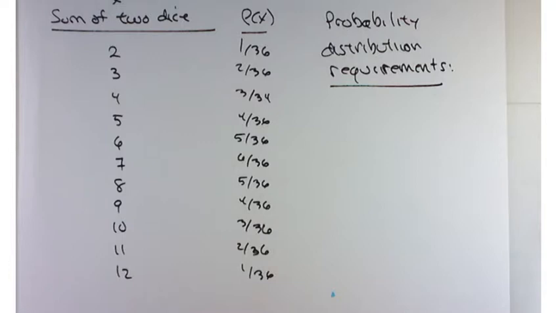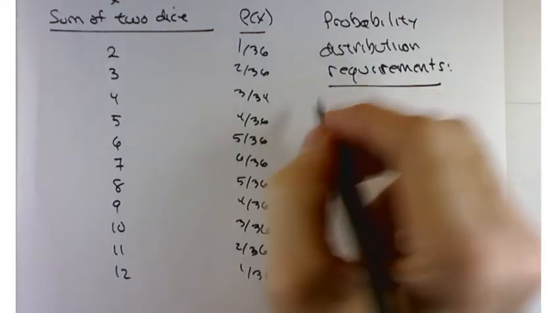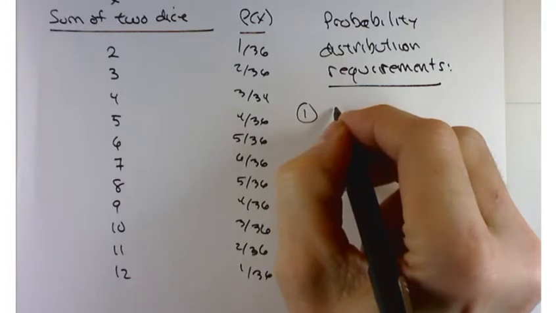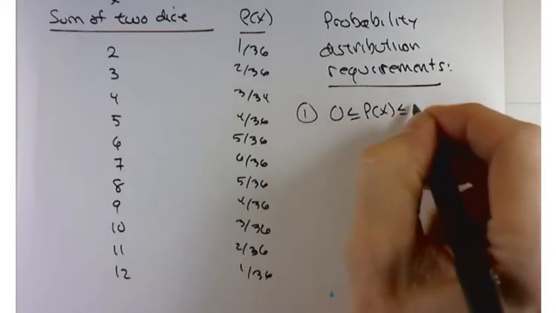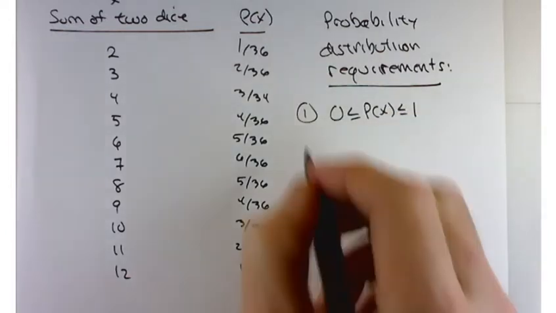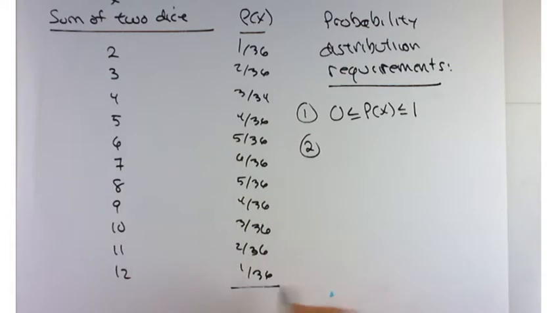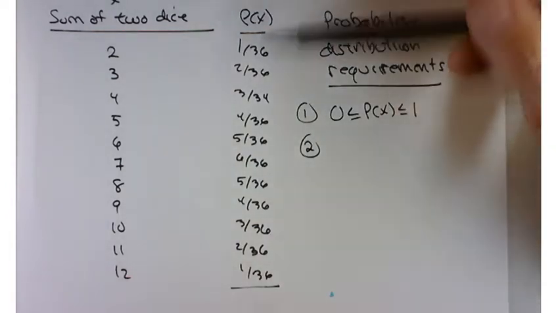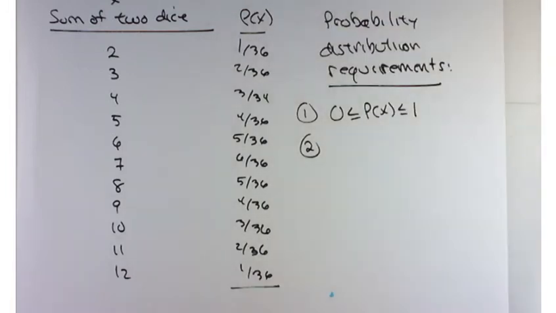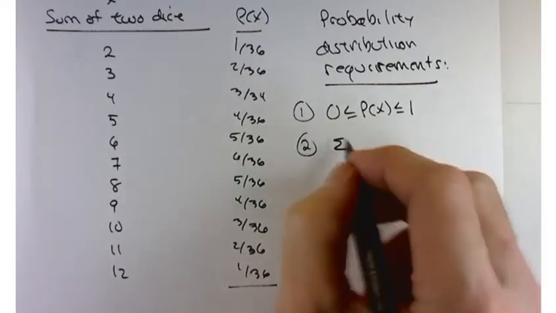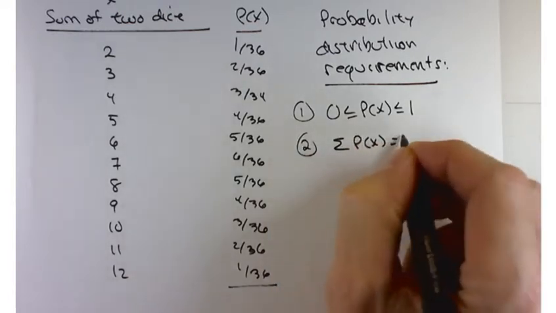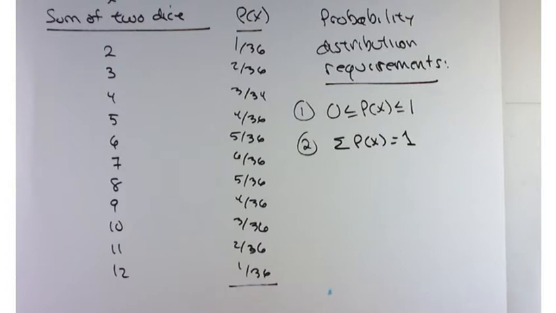What are the two extremes for probabilities? 0 and 1. Thank you. So the first requirement is that all of our probabilities have to be less than or equal to 1 and greater than or equal to 0. The second thing is that the total has to equal 1. Basically, if you add up all the probabilities, something has to happen with certainty. So the notation here is the sum of P of X equals 1. Those are your two requirements.